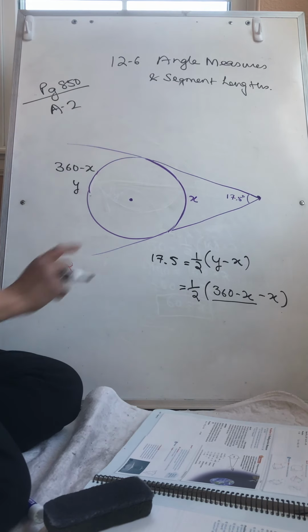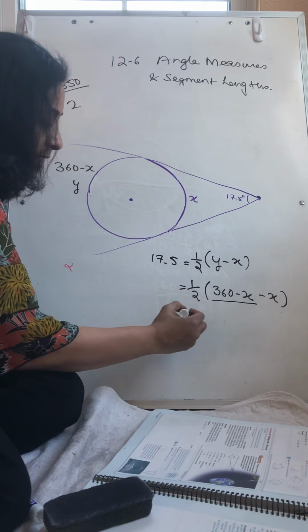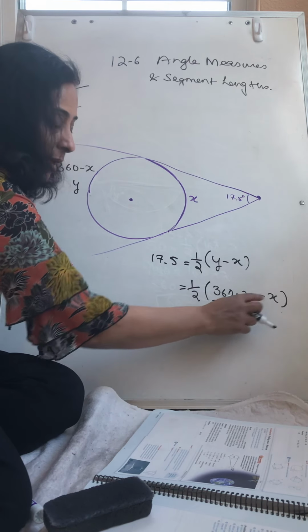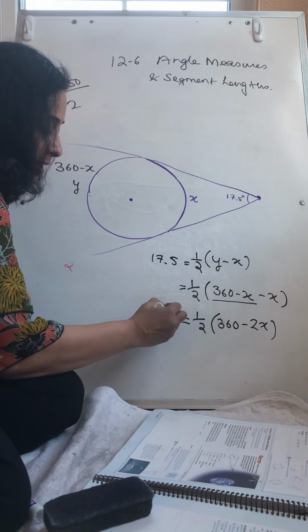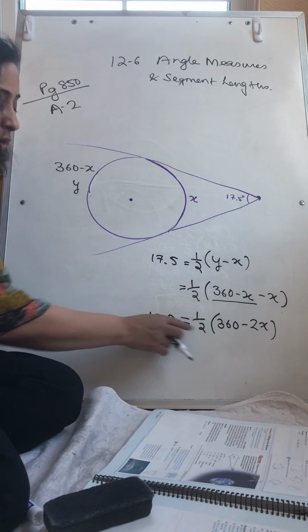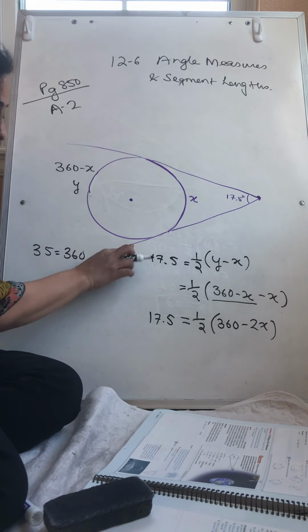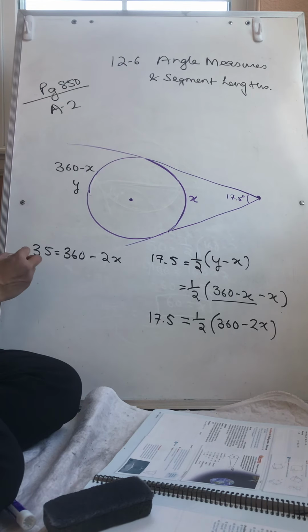So now I have an equation in just one variable and I can solve this. So this is half of 360 minus 2x, they are like variables. So I can just say negative 2x equals 17.5. Now I'll multiply both sides by 2. So here I'll get 35 equals 360 minus 2x. I'll bring the 360 here, so it will be negative 325.